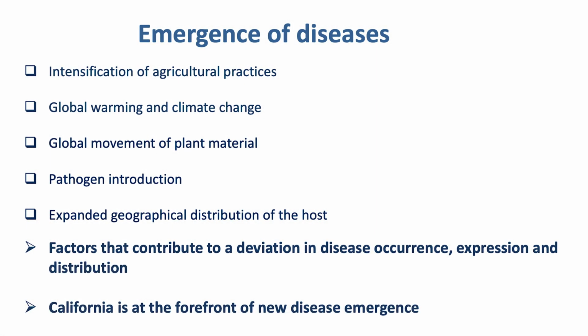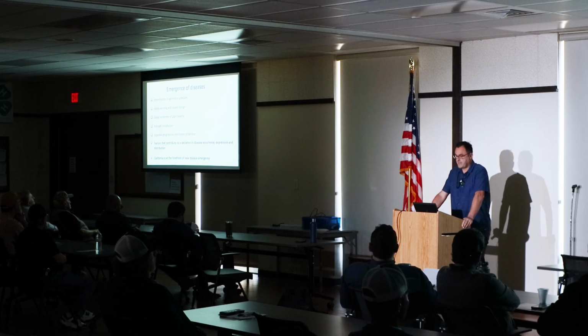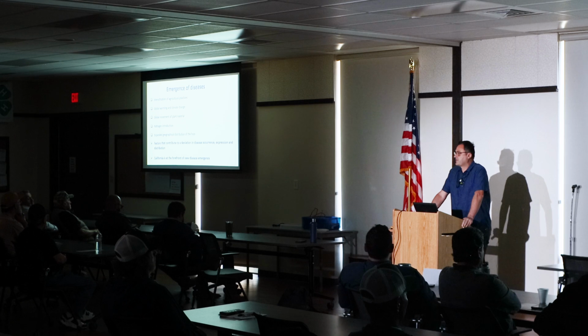Climate change, all these heat waves and these wet years that we're having, are also sometimes responsible for the emergence of new problems. But probably more importantly is the global movement of plant material. Any plants moving into California and not going through a normal process of quarantine could eventually lead to pathogen introduction.